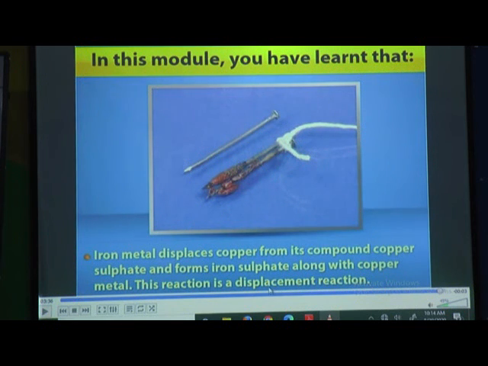What is the formula of iron? It is Fe, the symbol of iron, and it reacts with copper sulfate, which is going to form iron sulfate.